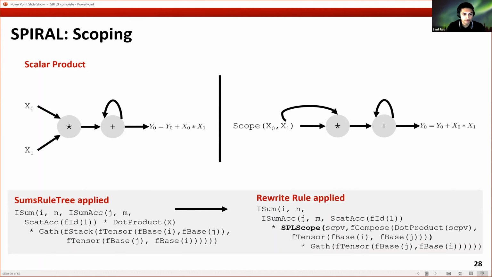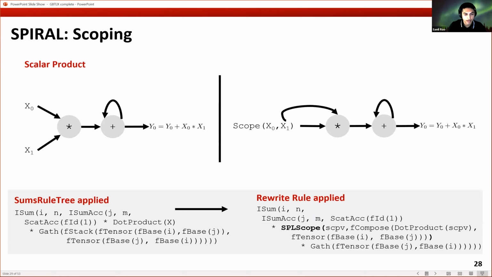The scope variable is introduced via a rewrite rule, which is an expression modifier that is triggered when certain properties are present in a formulation at any of the levels of the hierarchy, in this case the sigma SPL level. Specifically, we have this gather of f stack underneath the sums rule tree, and that signifies to the system that we're doing a bilinear operation because we have the stack of the two different vectors.